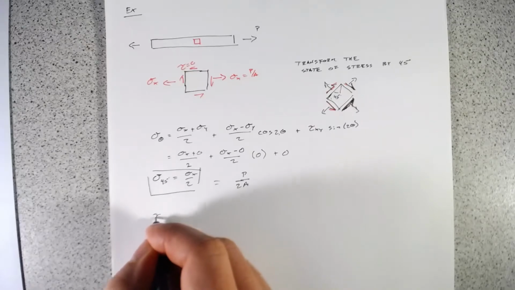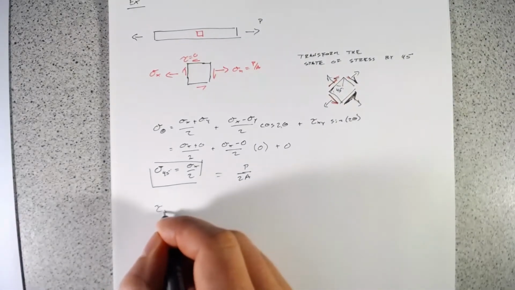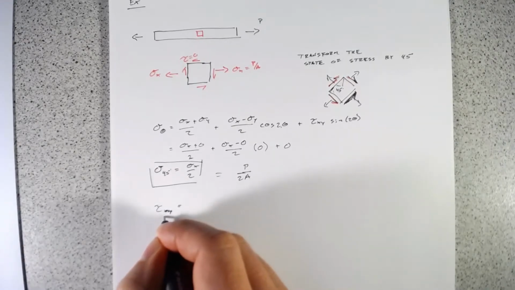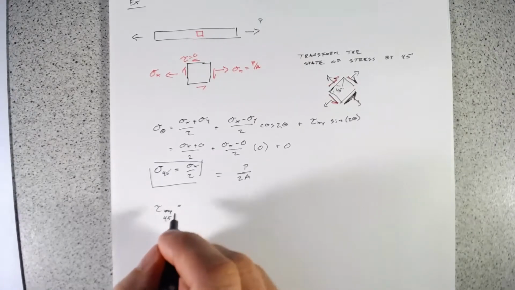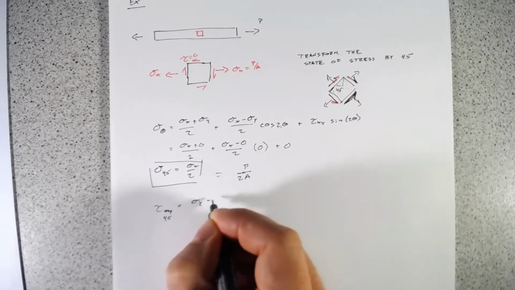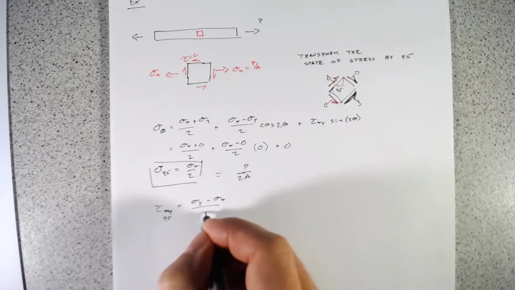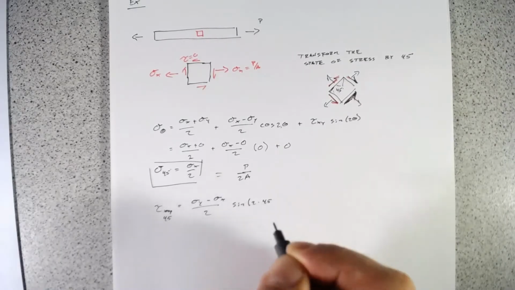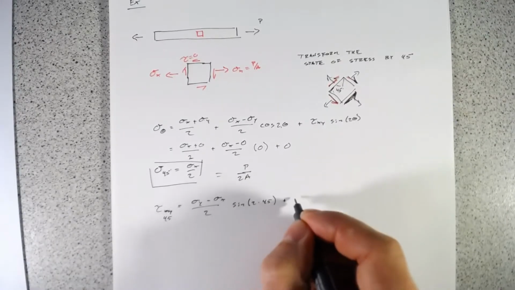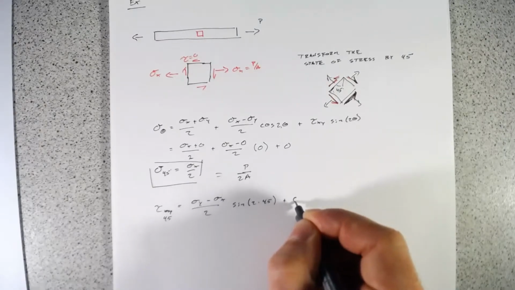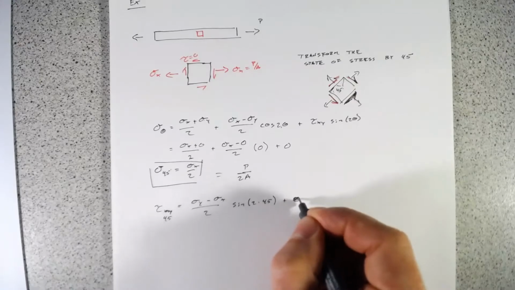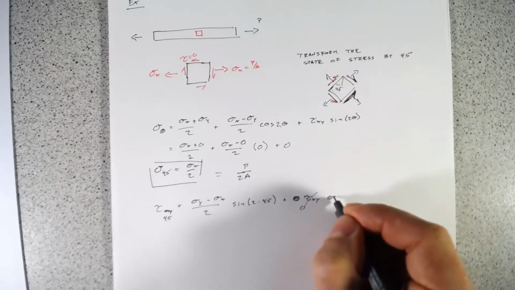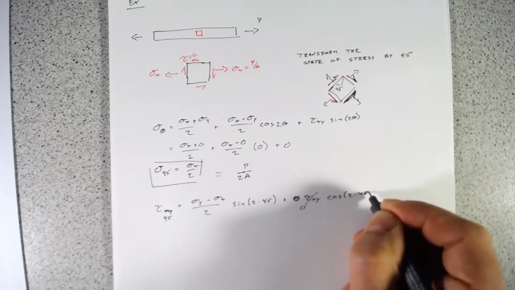Similarly, if we work out our shear stress, tau at 45 degrees, we get sigma y minus sigma x divided by 2 times sine of 2 times 45, plus tau xy, but that equals 0, times cosine of 2 times 45 degrees.